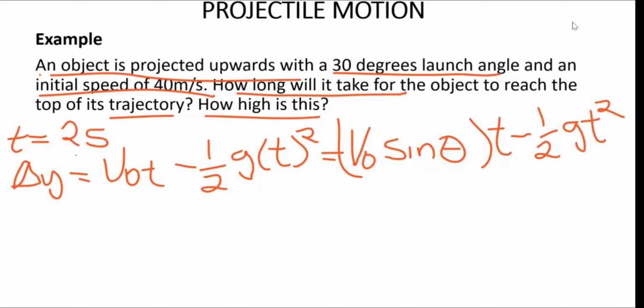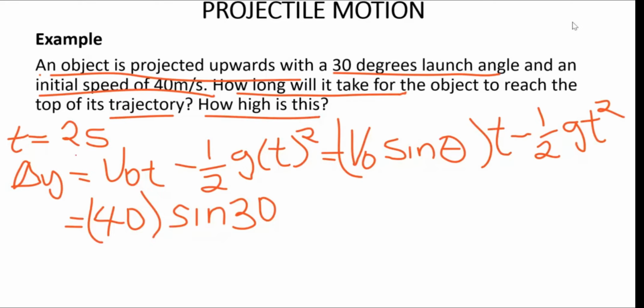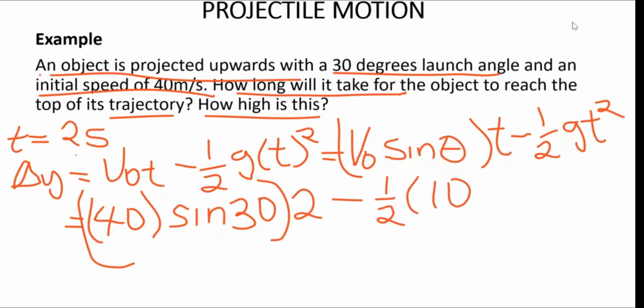So now let's put in the values. V0 is 40, sine theta is 30 degrees, then the time is 2 seconds, minus half. g is 10 meters per second squared, gravity.